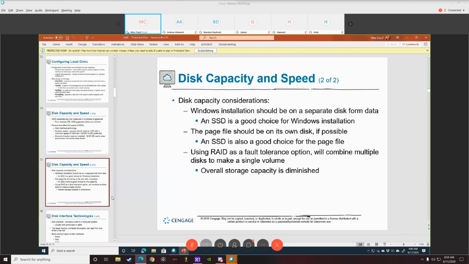That's why I was telling you, if you cannot afford a high capacity SSD drive, you can buy a 150 gig one for maybe 30 bucks or so.